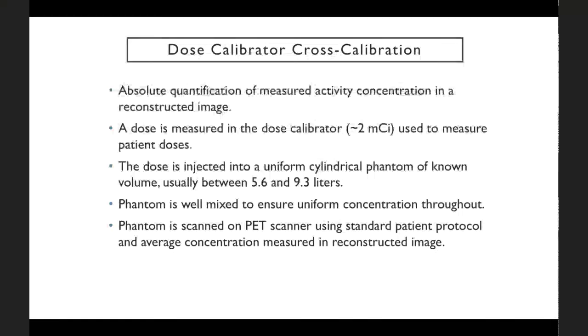The way that we can do that is we'll take a dose, measure it in that dose calibrator, inject it into a uniform phantom with a known volume, and make sure it's well mixed so that we have a uniform concentration throughout. Then we'll scan that phantom on our scanner using the standard patient protocol, both the acquisition and the reconstruction. And then we can derive from that a global scaling factor.